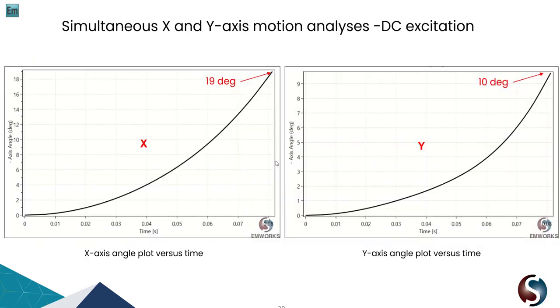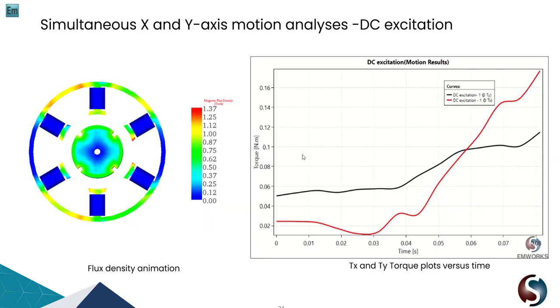All right, now this one is simultaneous excitation, where we excite the x coils and the y coils, and this is what you achieve. You achieve a motion around x. It rotates 19 degrees, and around the y-axis, it rotates 10 degrees. And this is the actual motion.